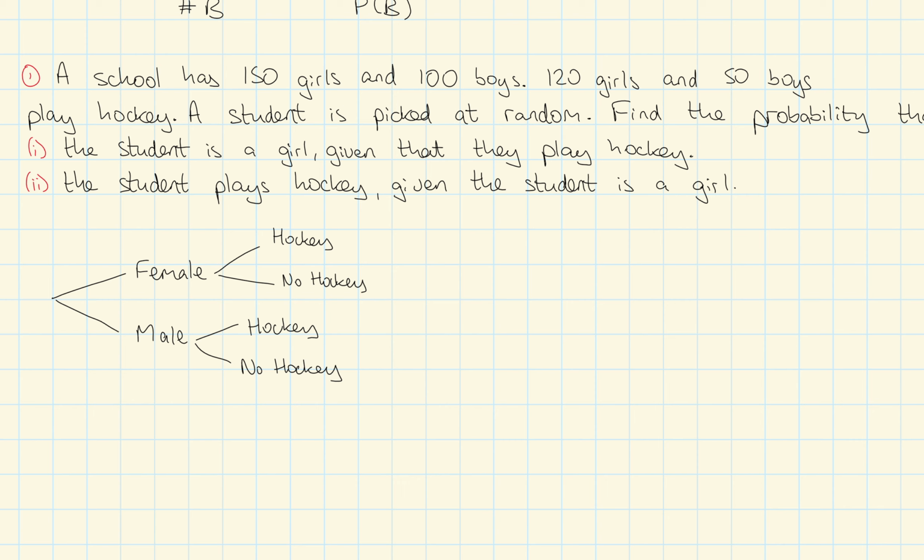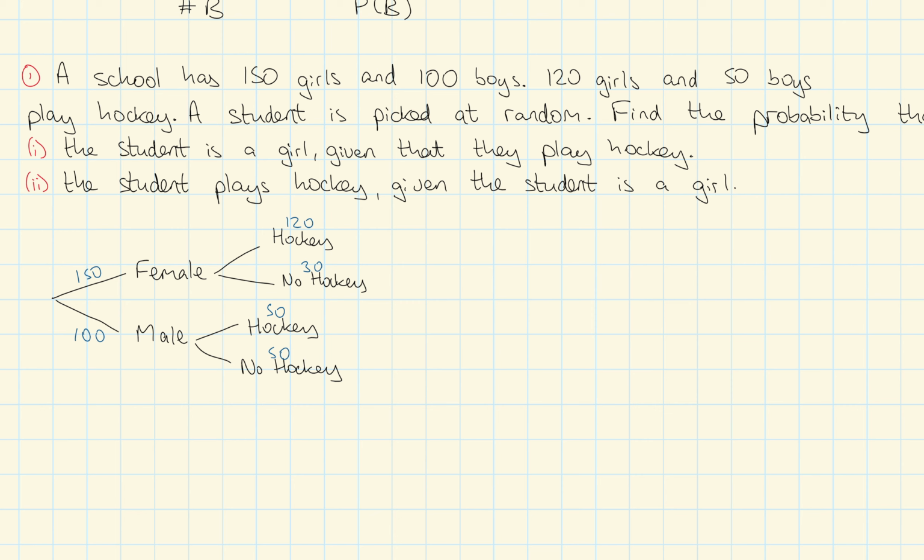So for a female, there's 150, male 100. Of the females, 120 play hockey, which means 30 don't, and of the males 50 play hockey, which means 50 don't.